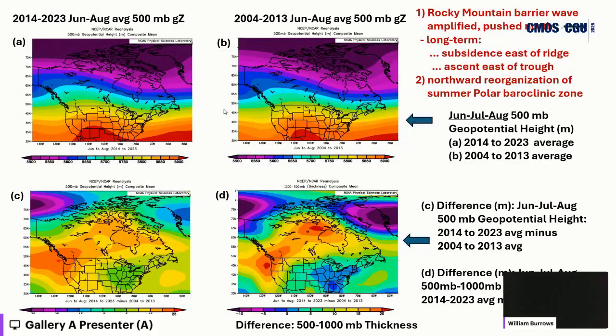And if you take the difference between those 2 decades, you see that there's been an increase of heights as well as thickness on the bottom 2 slides across southern and central Canada, with an increasing baroclinic zone in the north. So we feel that this is reflective of a reorganization of the polar front towards the north. Next slide.